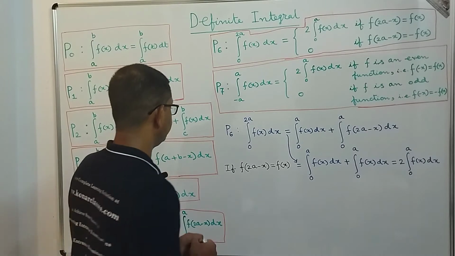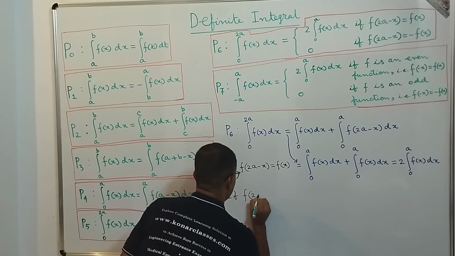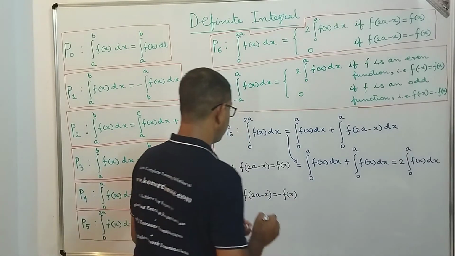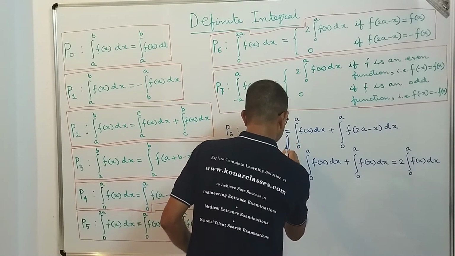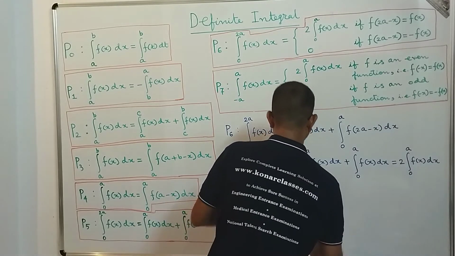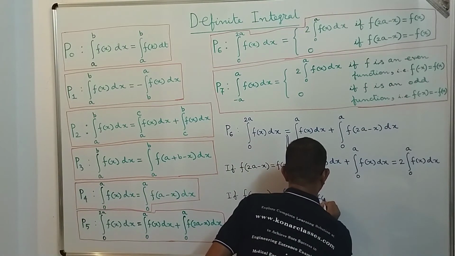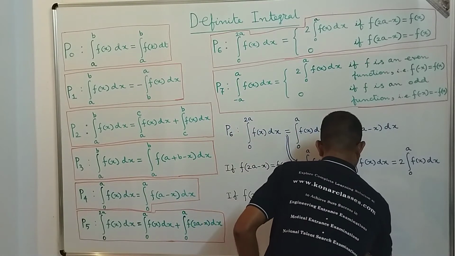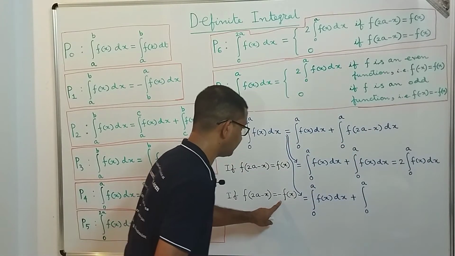If f of 2a minus x is equal to minus f(x), then what are we going to get, dear students? This is equal to integration, the first one as it is, 0 to a f(x) dx, plus integration 0 to a f of 2a minus x, which is now minus f(x).